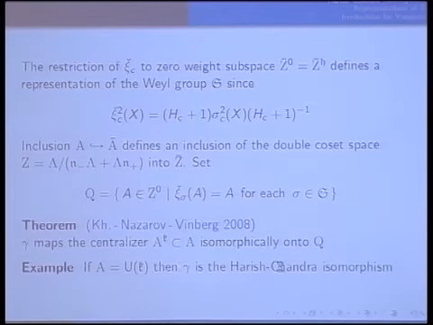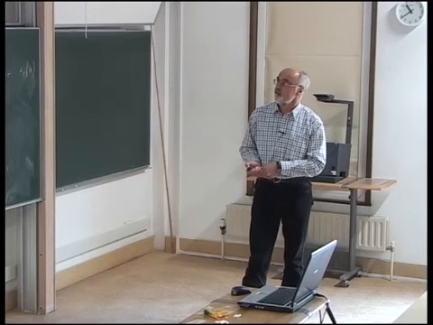Now the statement, which is in our joint work with Wienberg and Lazarev, is that the Harish-Chandra map establishes an isomorphism of the centralizer and the invariants of Zolobenko operators.